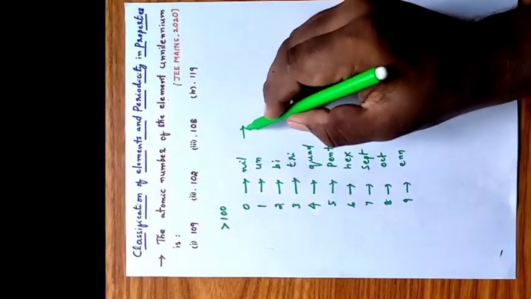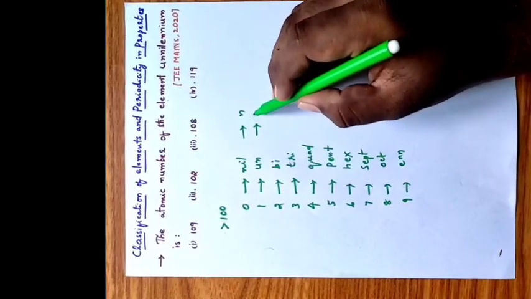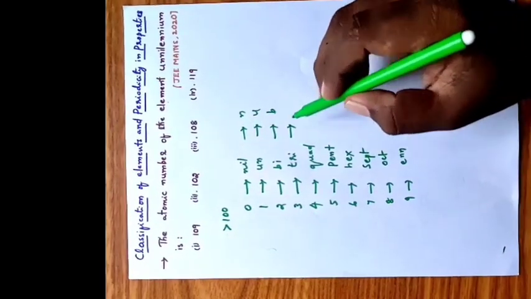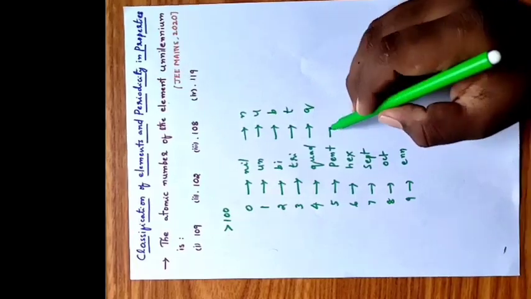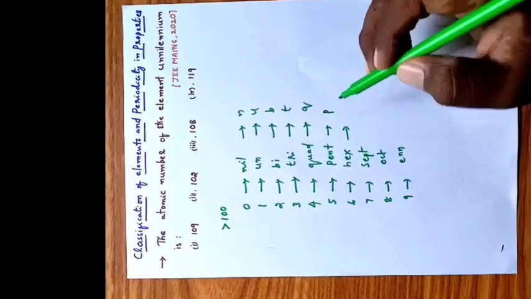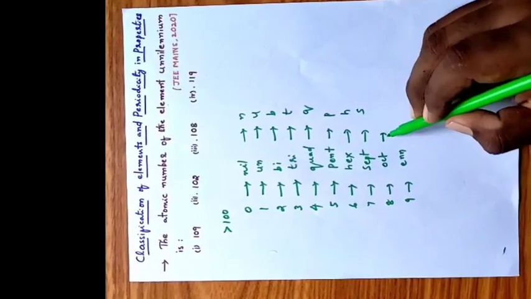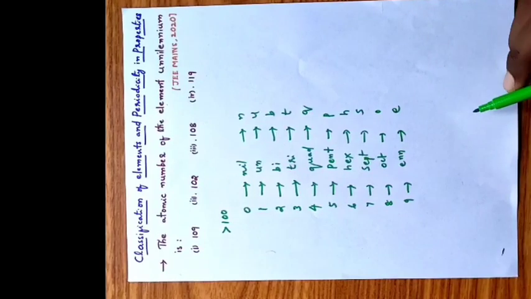And here symbols are also important. Symbol for 0 digit is n, and for 1 u, for 2 b, for 3 t, for 4 q, for 5 p, 6 h, 7 s, 8 o, and 9 e, right?